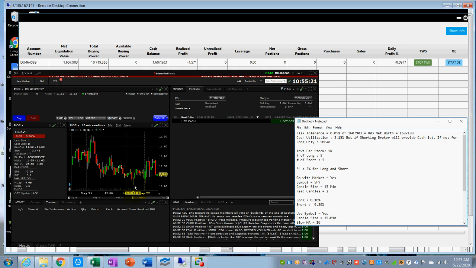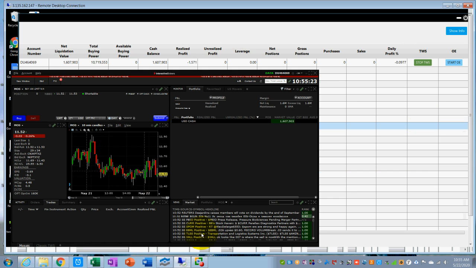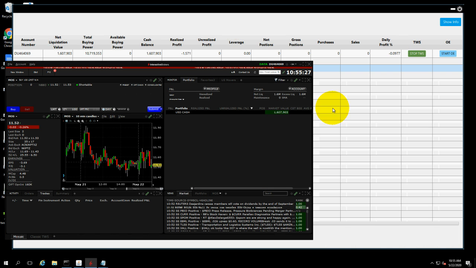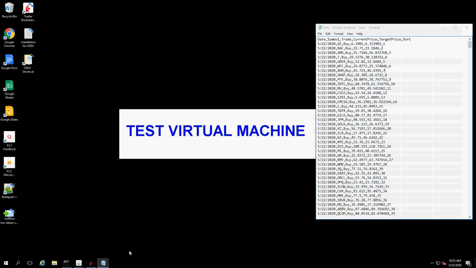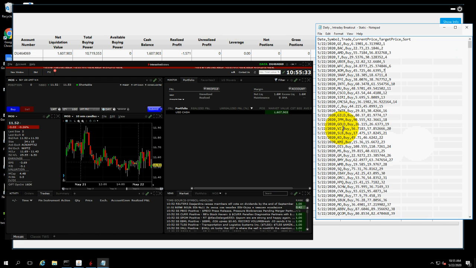So the second important thing which I wanted to talk about was, let me see if I can blow it up a little bit. Yeah, here. Now I have maintained a static list, and you can see that this date is as per the date of the system. So it will take all the trades for this date.